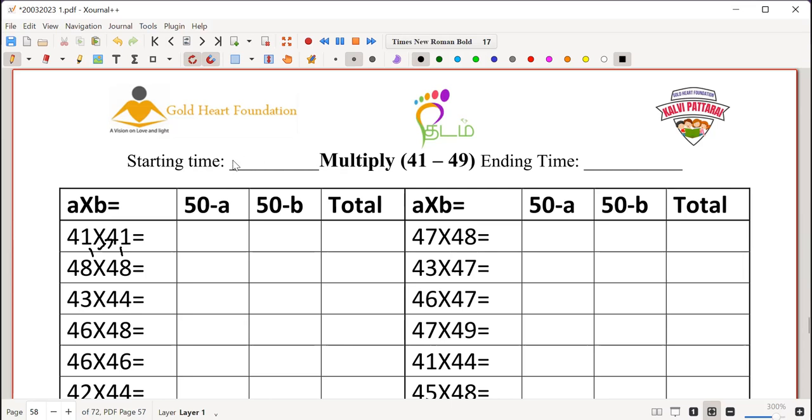For all these exercises, I will note the starting time. You have to make sure and understand where you want to start. So how many multiplications are you doing now? It will be around 90%. So from this 90%, what is the time taken for me to do it? What is the average time taken by others? And what is the average time taken by me now?